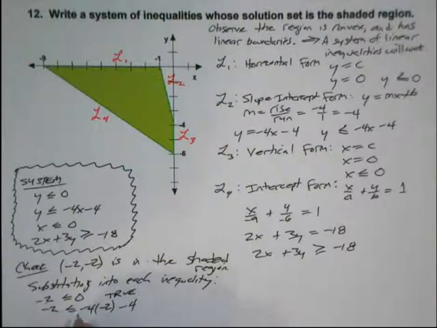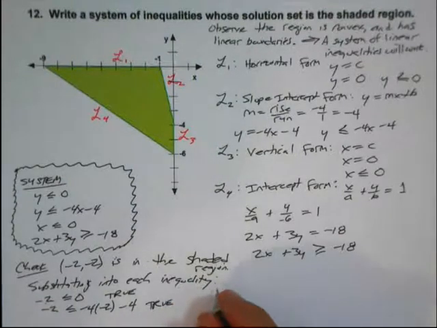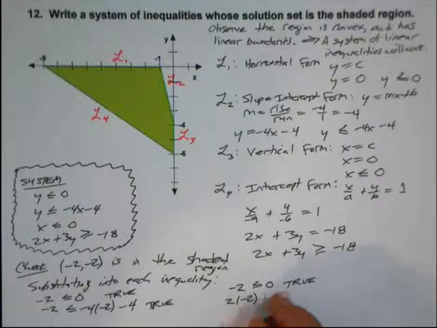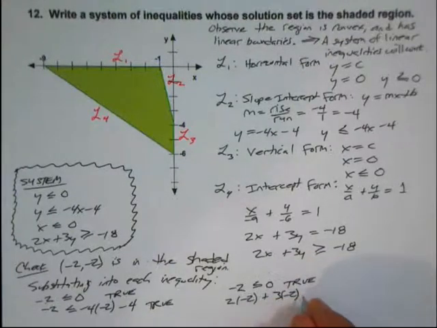Negative 2 less than or equal to 4? True. Third inequality, x, that is negative 2, less than or equal to 0? True. Final inequality, 2 times x, which is negative 2, plus 3 times y, which is negative 2. How about that being greater than or equal to negative 18?